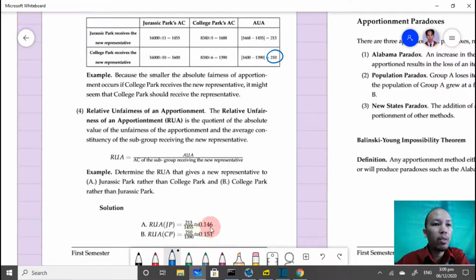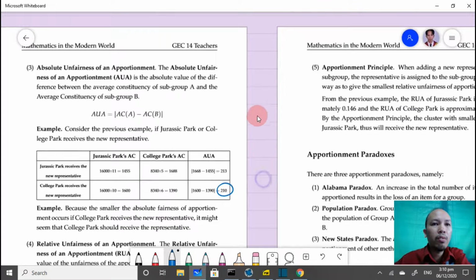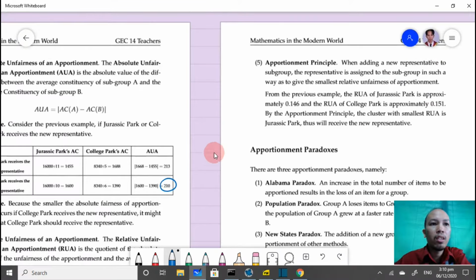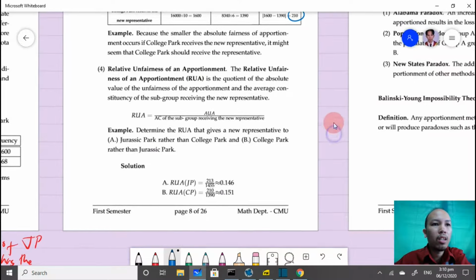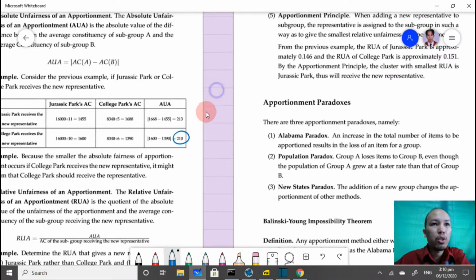So 0.146, and for the College Park we have 0.51. So the conclusion here is that this idea will be used in the apportionment principle.